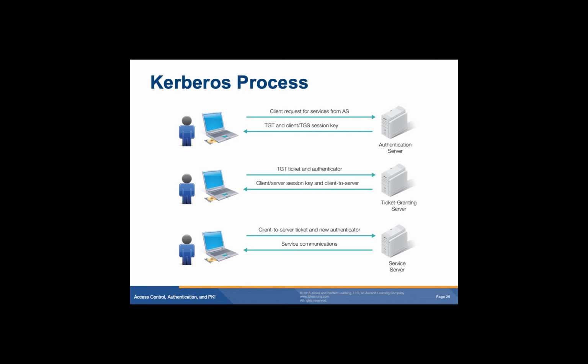The Kerberos process, a little more specifically, the client requests services from the application server, the ticket granting ticket and the client TGS system responds back. The TGT ticket and authenticator, second slide down, is passed on to the ticket granting server. The client server session key and client server is passed back to the user.